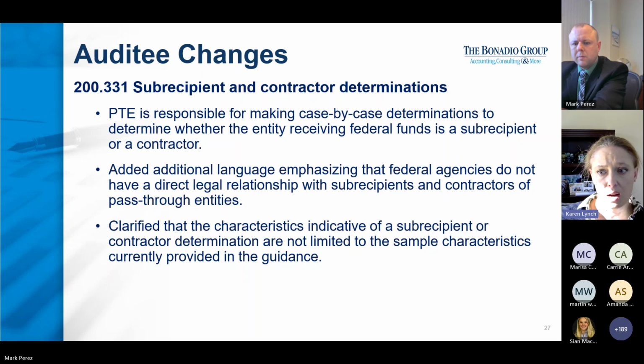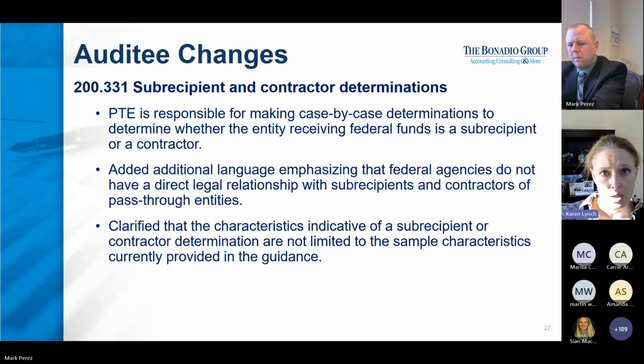So as a subrecipient, you're making eligibility determinations, you're making these capitalization decisions, as Mark had talked about, and subject to those inventory processes. But if you're a contractor, then you're just performing a very specific responsibility under the grant for the pass-through entity, and you're meeting their specific requirements, and they're assuming the responsibility of the work that you're doing.